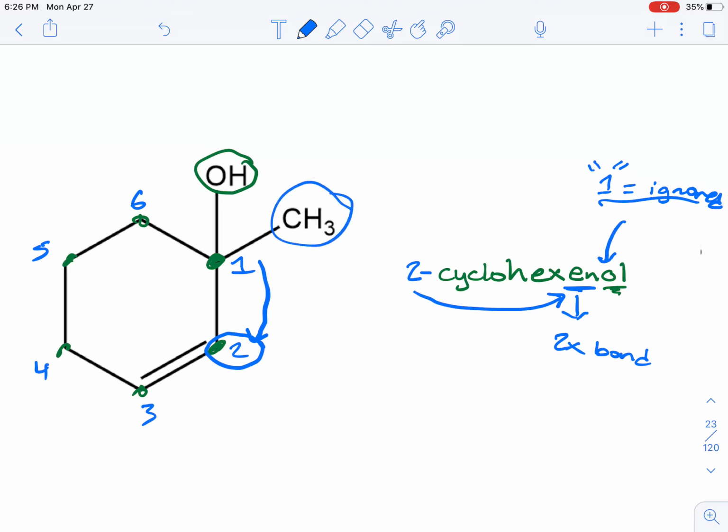So finally, we're going to describe the position of our methyl group, and that's going to be on the first carbon. And so we're going to say 1-methyl-2-cyclohexenol. This 2 is representing the carbon position of where the double bond starts.